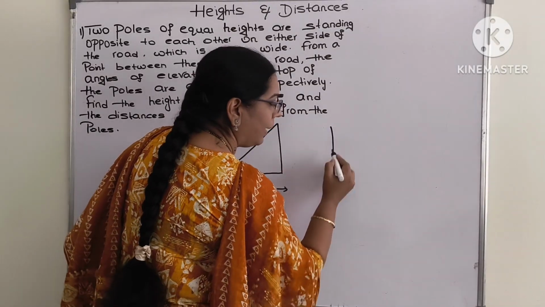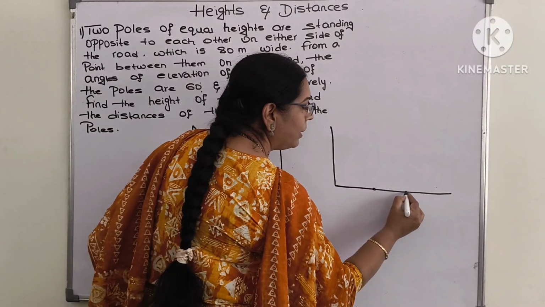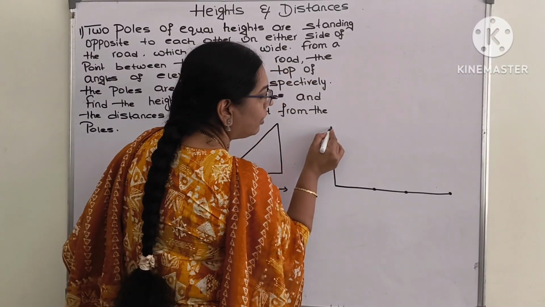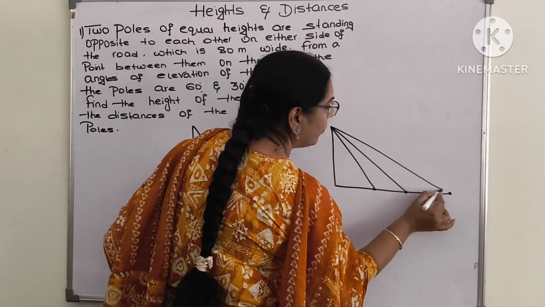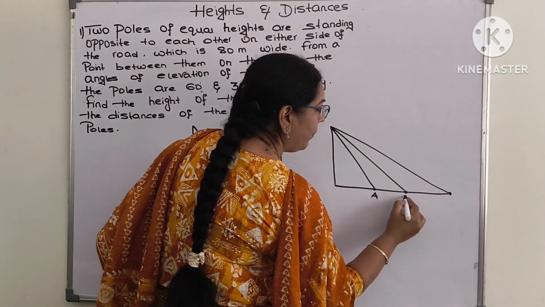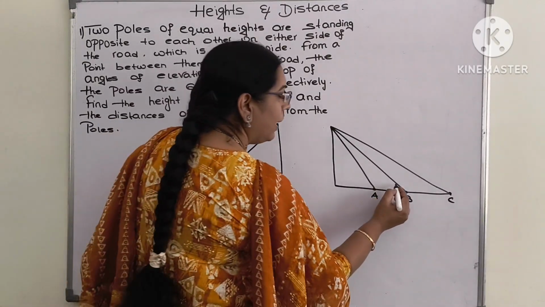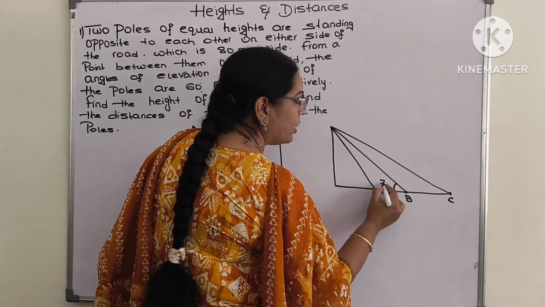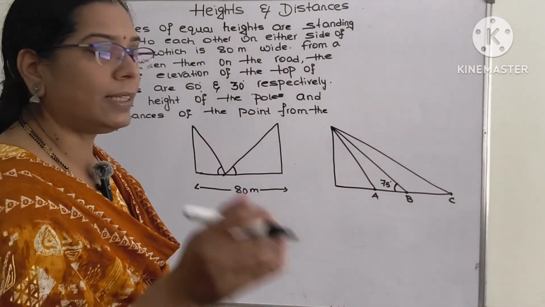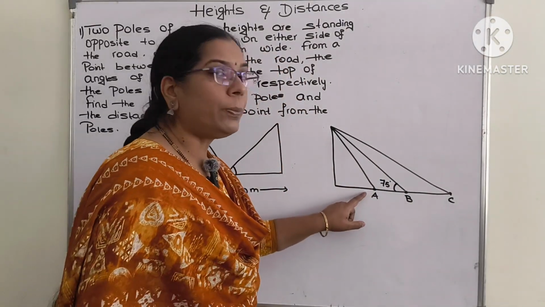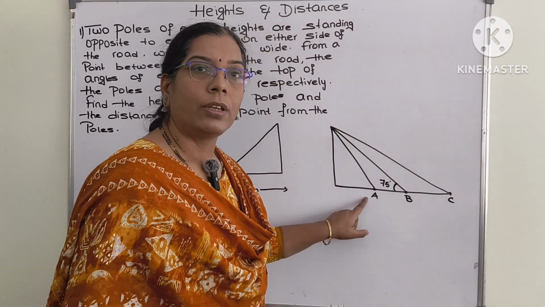See, imagine I have a pole and I have three people standing at three different places, A, B, and C. Imagine an angle of elevation of person at point B is 75 degrees. Let us imagine. Now, what should be the angle of elevation for a person at A?